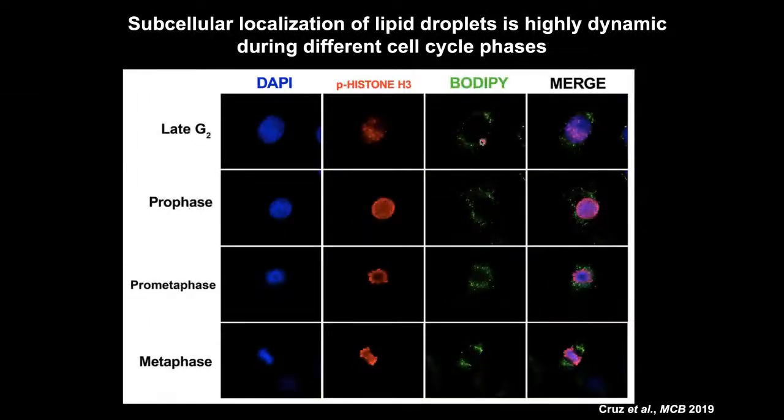Later, by labeling cells with histone H3, we are able to differentiate G2 from M phase.